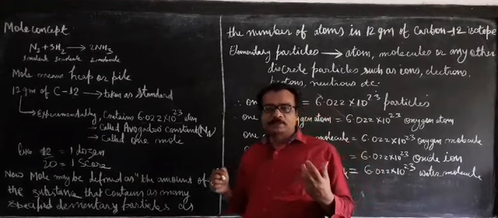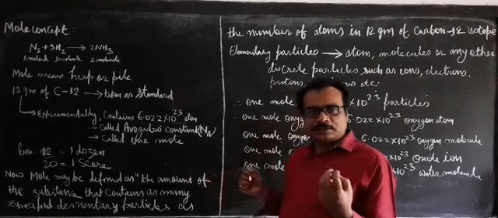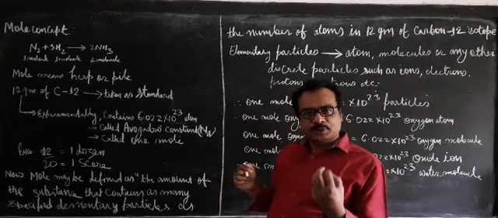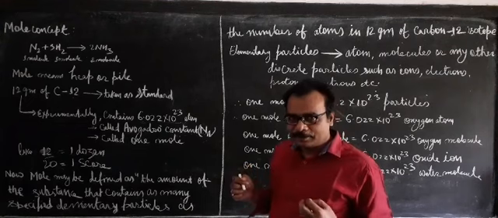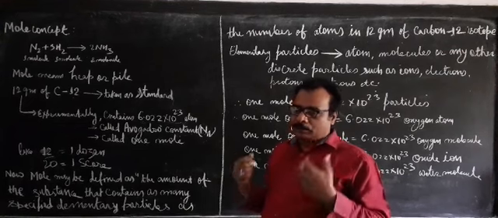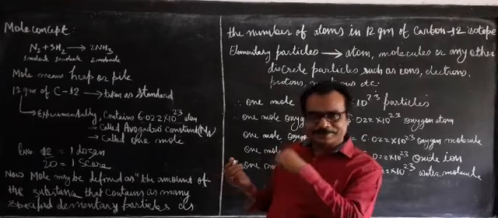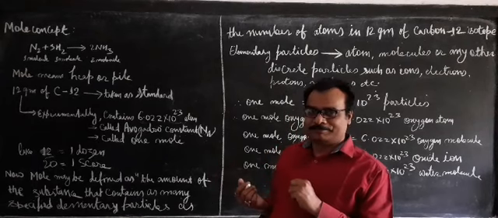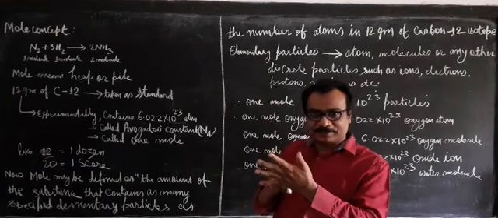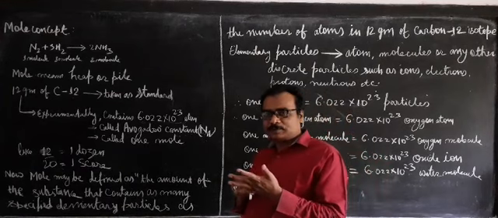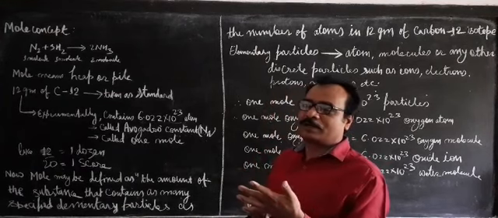In the same way, 16 gram of oxygen contains 6.023 into 10 power 23 atoms of oxygen, so this 16 gram is 1 mole. The number is fixed, 6.023 into 10 power 23, which is called 1 mole.